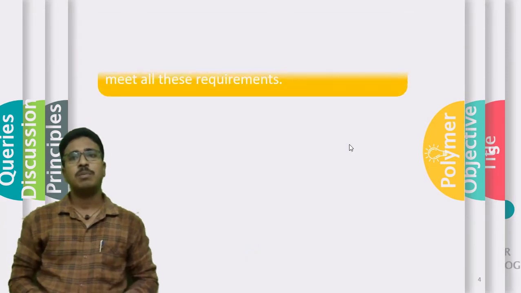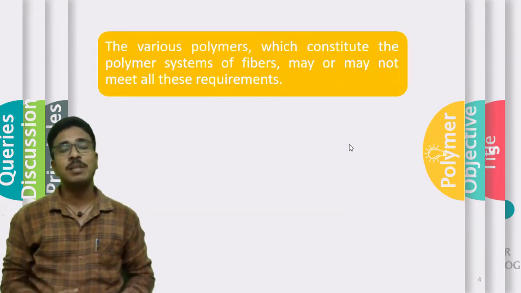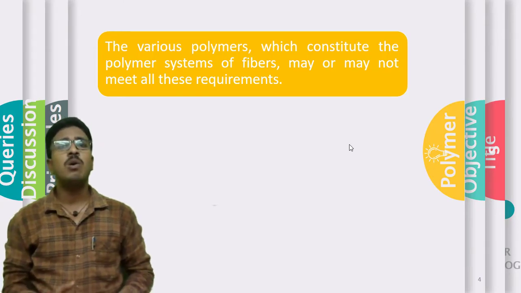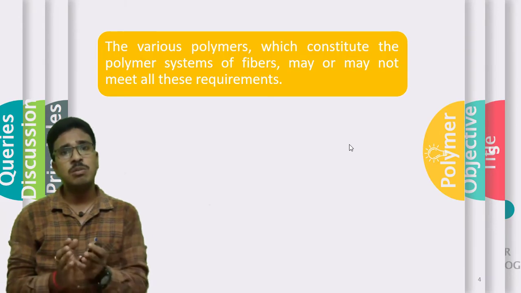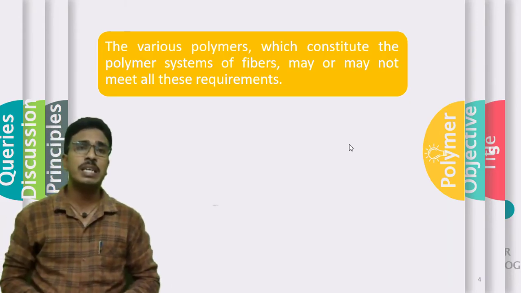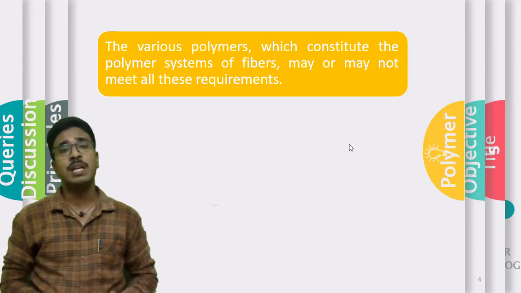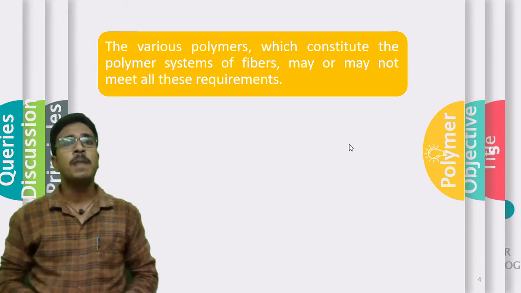Now, the various polymers which constitute the polymer system of fibers may or may not meet all these requirements. So those polymers which meet the requirements, only those polymers we select to make a continuous length of yarn, thereby the particular application or purpose is fulfilled.